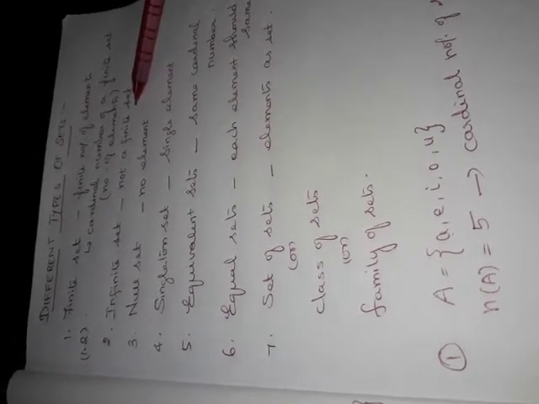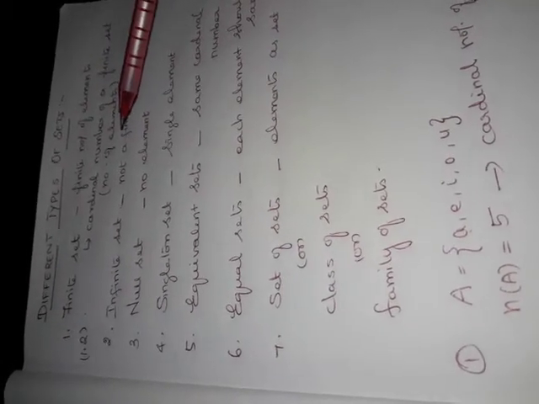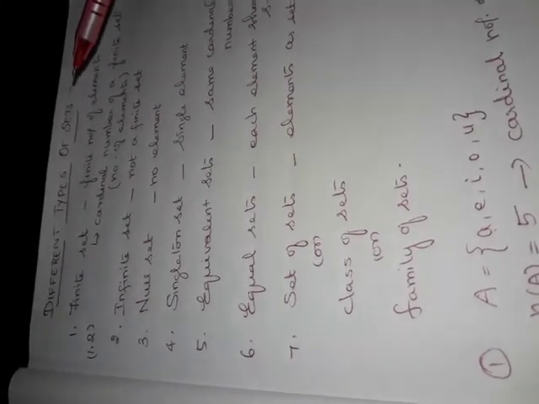Now, the second type of set is infinite set. Infinite set means it is not a finite set, which means the number of elements in the set is infinite. And for this also we have seen a few examples in the previous topics. For example, set of all even natural numbers, set of all natural numbers. These are all examples of infinite sets where the elements are not finite.